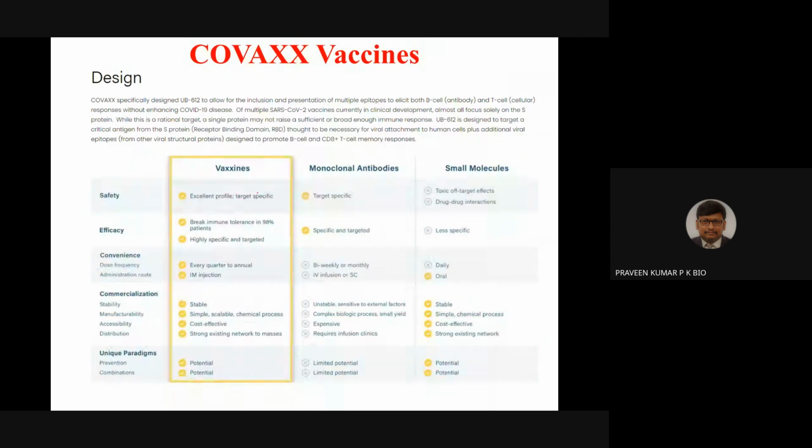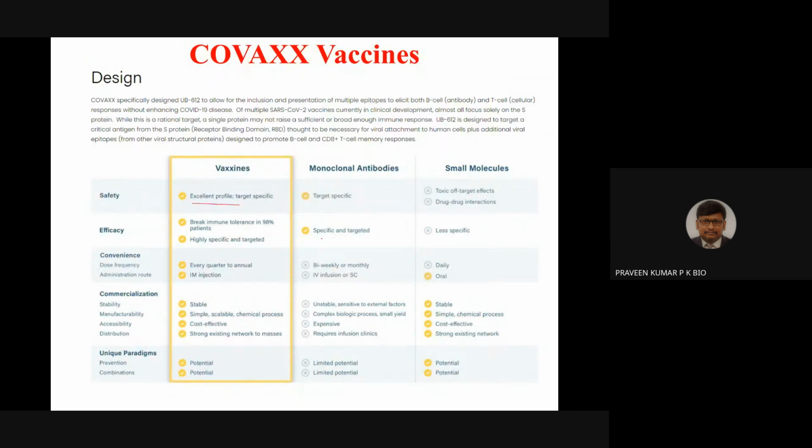COVAX is of course a product of reverse vaccinology and immunoinformatics. With respect to safety, it has an excellent profile when compared to monoclonal antibodies as well as small molecules. And for efficacy, we get a good efficacy reported.